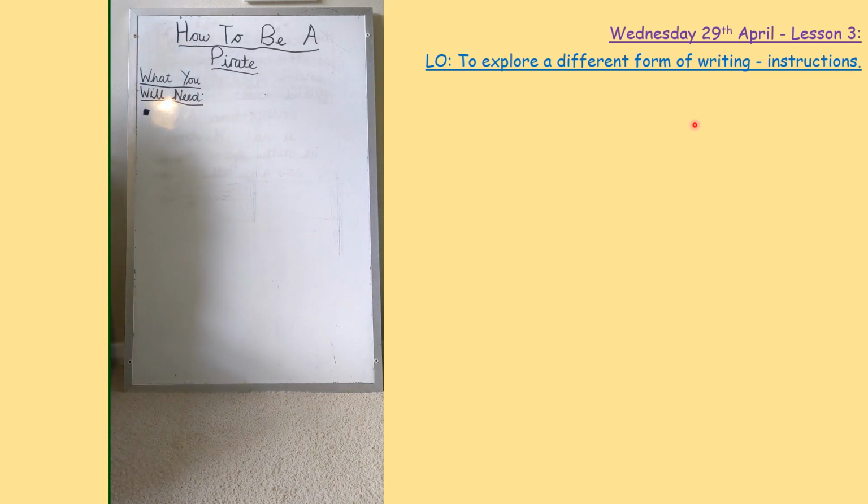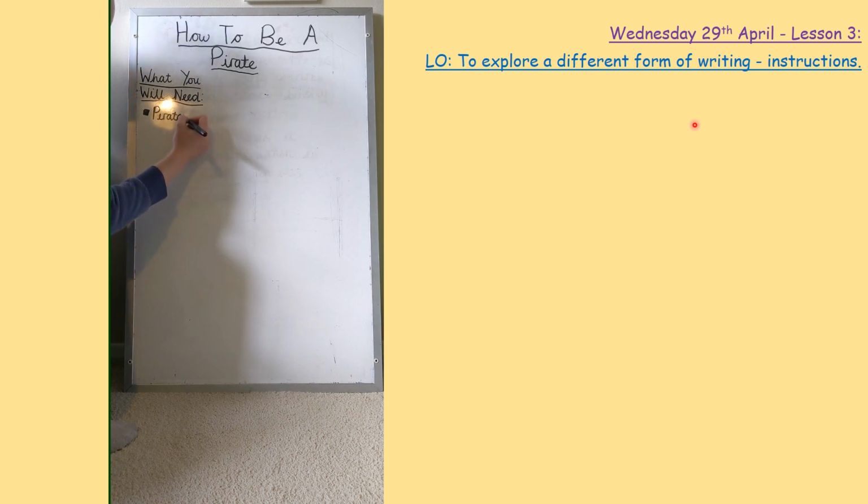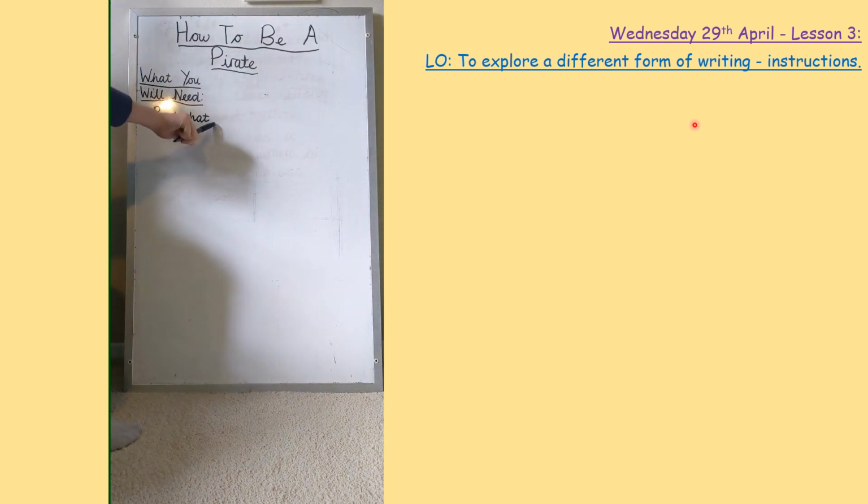Bullet point. The first thing you will need is, my pirate will need a hat. So they will need a pirate hat. Remember, I don't need a full stop on the end of here because this is part of my list.